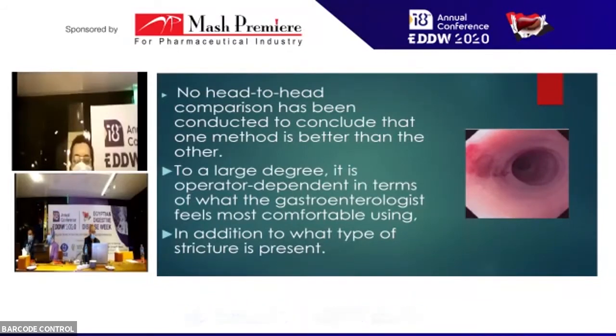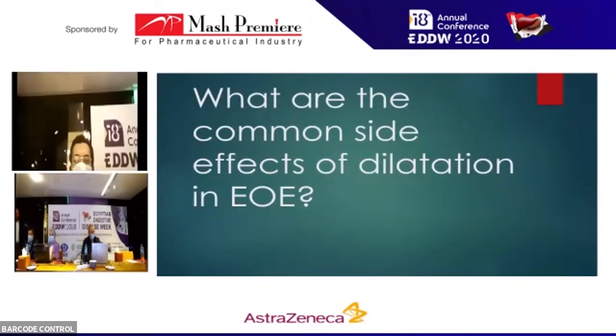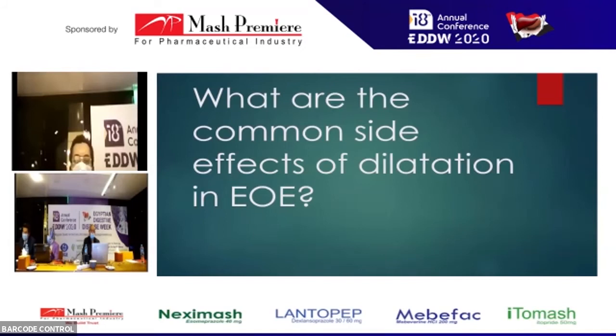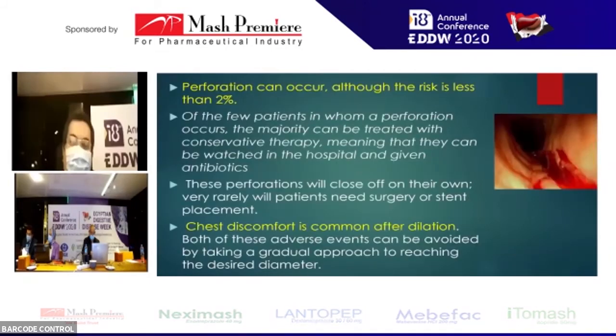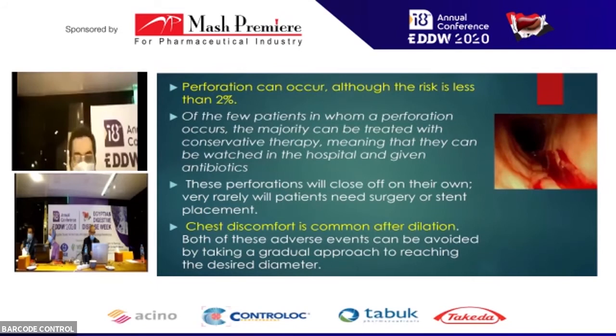What are the common side effects of dilation in eosinophilic esophagitis? As all of us know, the day you have a case of dilatation, you think it is not a good day. Perforation is not common. It occurs in about 2%, if you do not overdilate at the same time and use it carefully.